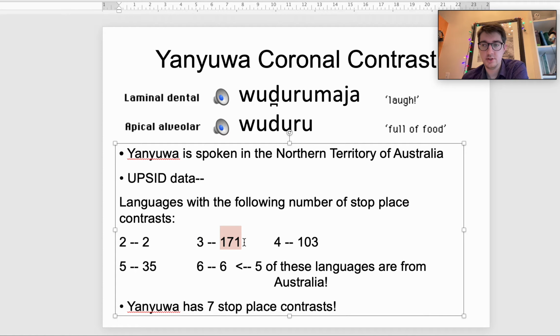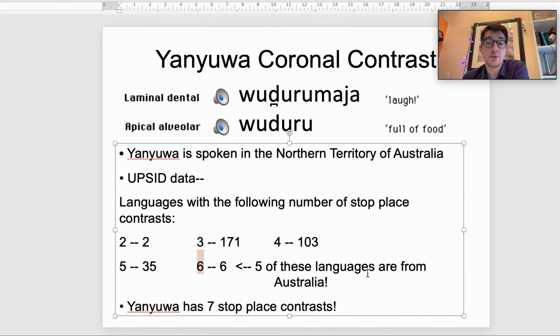So the greatest number of languages has 3 stop place contrasts, most likely bilabial, alveolar, and velar. 4 stop place contrasts have 103 languages, for example bilabial, alveolar, velar, palatal, right? Then 35 languages have 5 stop place contrasts, and 6 languages have 6 stop place contrasts.